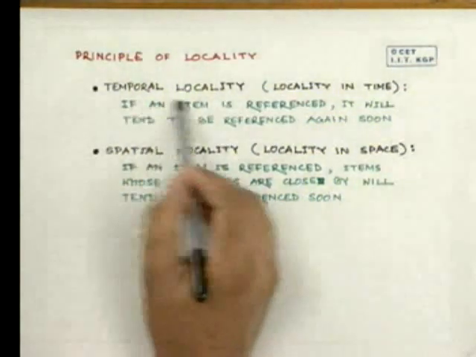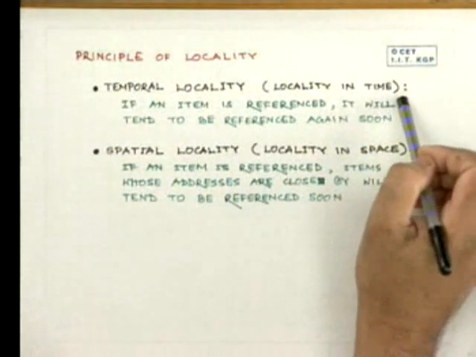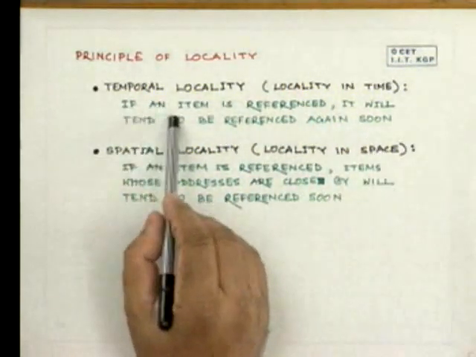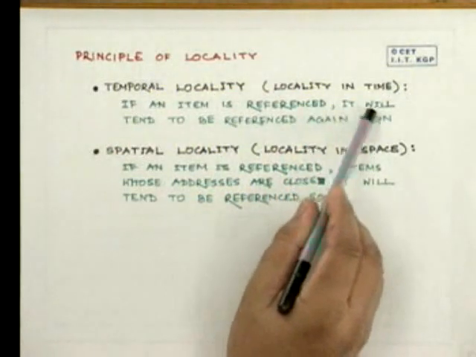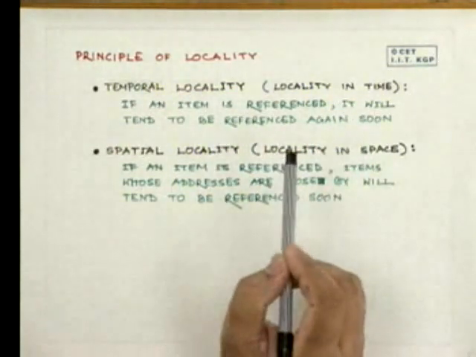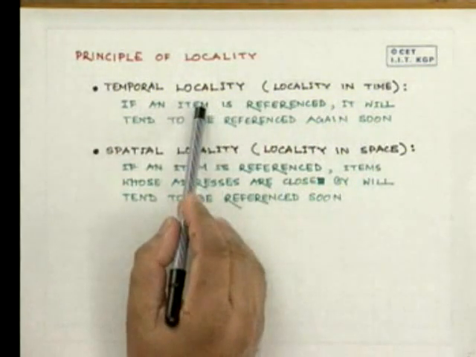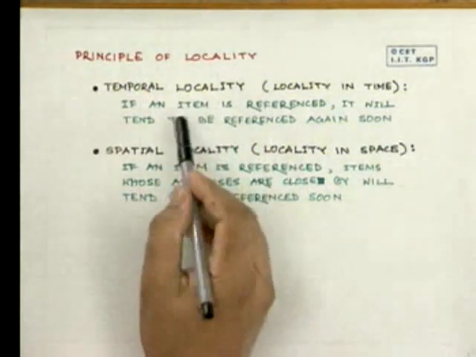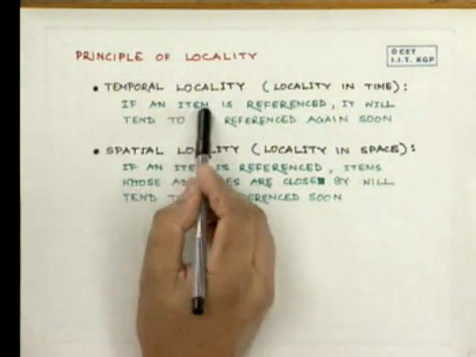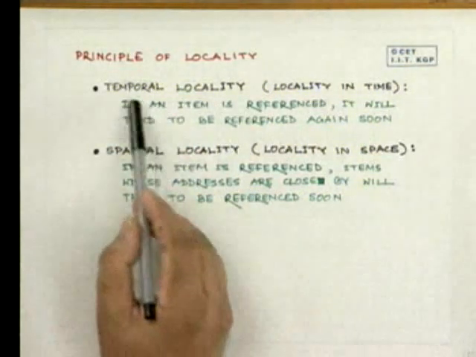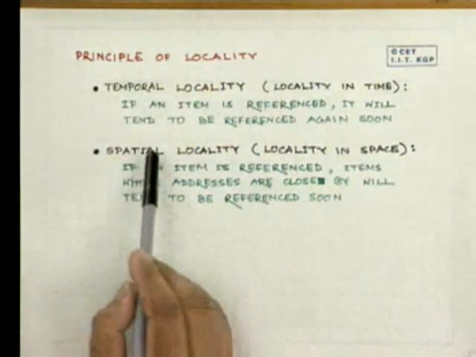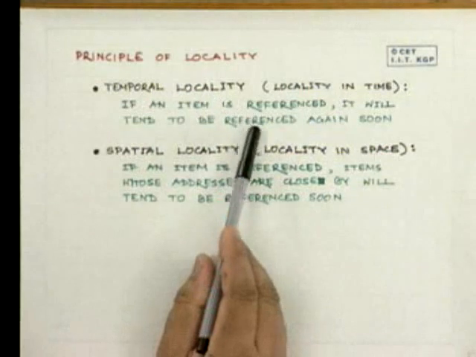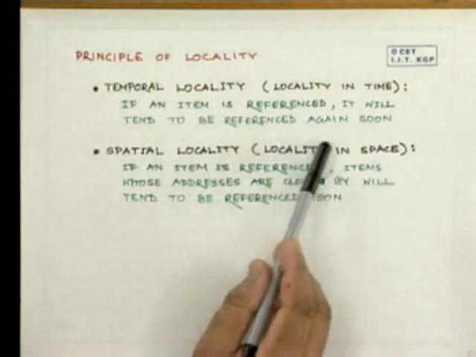Temporal locality is essentially the locality in time. It means that if an item is referenced, it will tend to be referenced again soon. Here an item is either an instruction in a program or data. Let me repeat once more: if an item is referenced, it will tend to be referenced again soon.